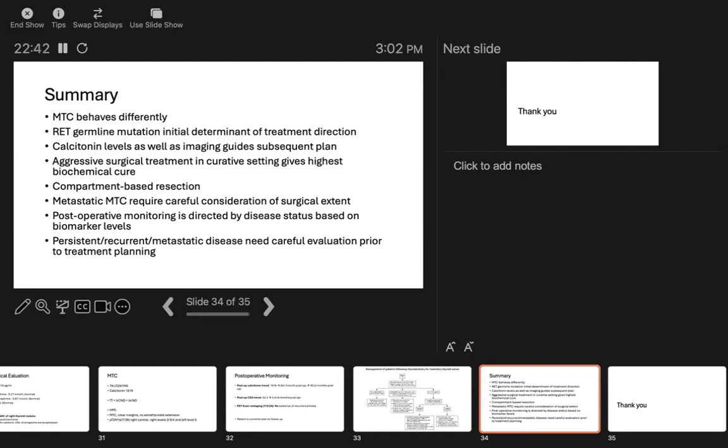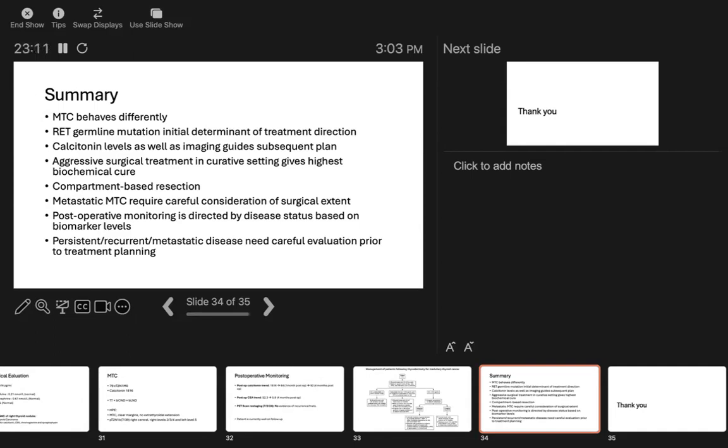It's a different group, selpercatinib or something like that. It is still under investigation, so it's still under targeted therapy. That's the added advantage of doing the germline mutation testing. If we don't have it, we can still treat it with some kind of tyrosine kinase inhibitor, but I don't know about the evidence for that.